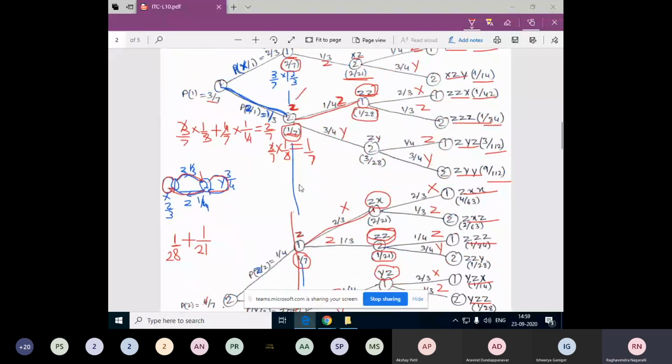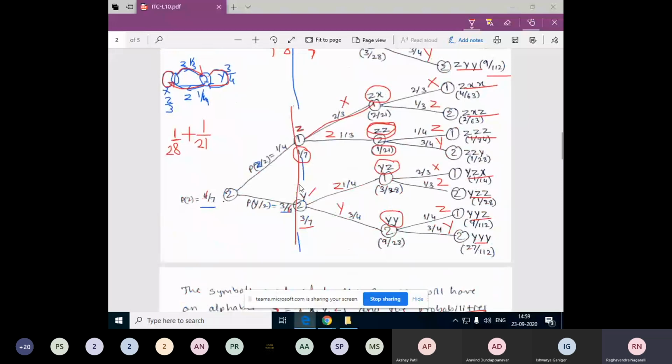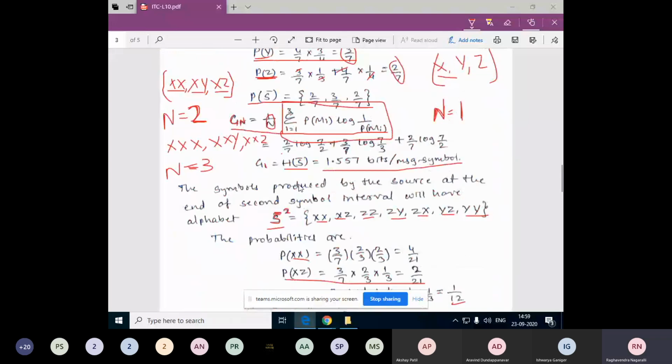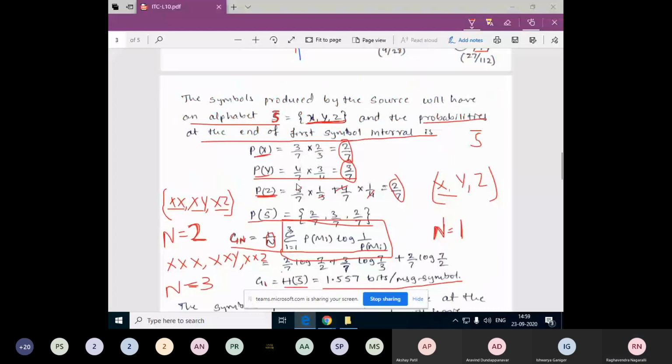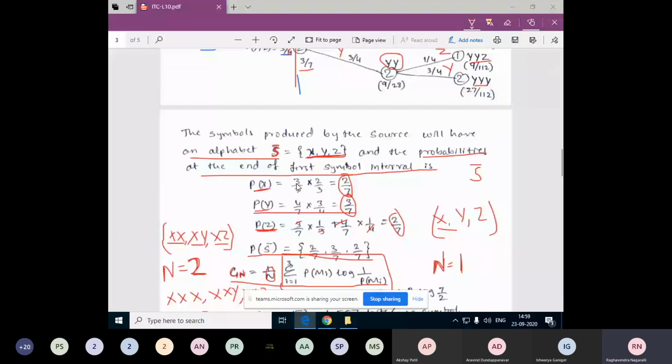You just need to make out the difference here between the adjoint source and the Markov source. Markov source is a dependent source. Adjoint source is a zero memory source or independent source. And this adjoint source has the symbols which are emitted by the Markov source at the first symbol interval or the first order.